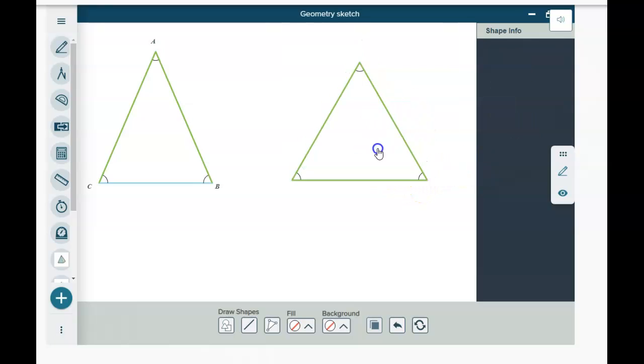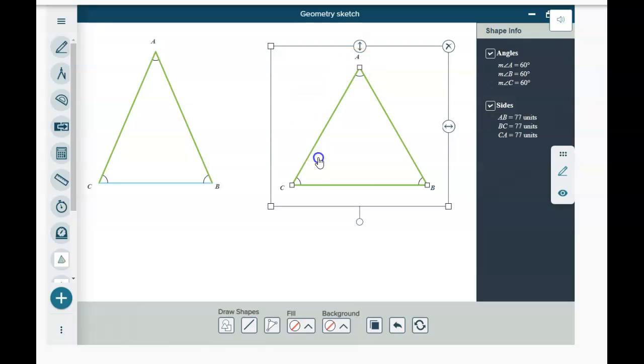This is also what is called an equilateral triangle. So an equilateral triangle is also an isosceles triangle. But not all isosceles triangles are equilateral triangles.